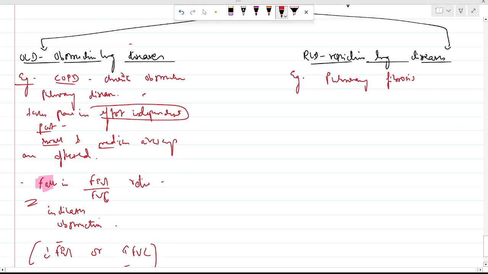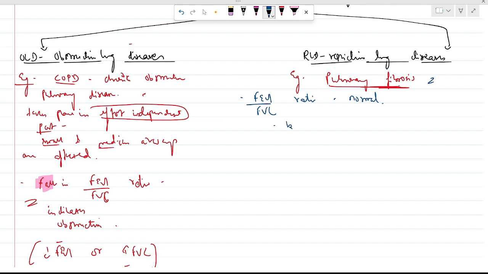Now pulmonary fibrosis needs a special discussion because it's a bit complicated, so listen carefully. In pulmonary fibrosis, first we'll see the FEV1 to FVC ratio remains normal. How will it stay normal, as it's a disease? See here, FEV1 is falling as well as FVC is falling.